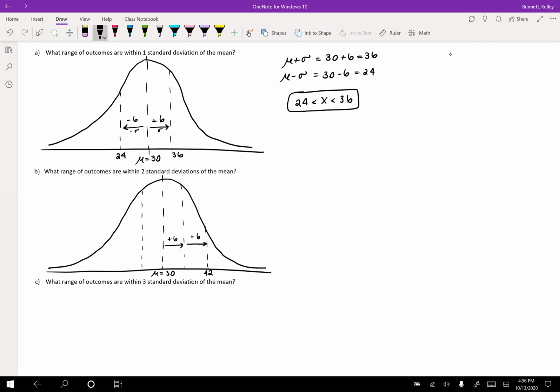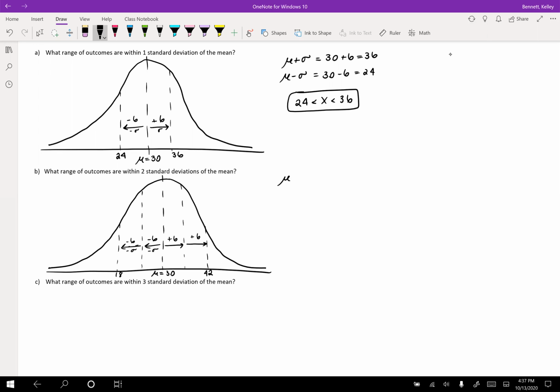Similarly, I can go back as well. So I can go back 6, right? So that's minus sigma, and back another 6, minus another sigma. So if I'm at 30 and I go back 6, that puts me at 24. If I go back another 6, that's going to put me at 18. So 18 to 42, that's the range of outcomes that are within 2 standard deviations of the mean.